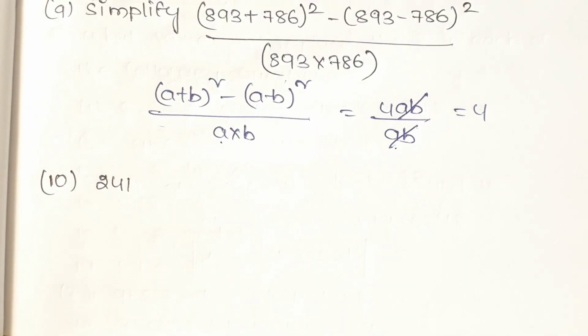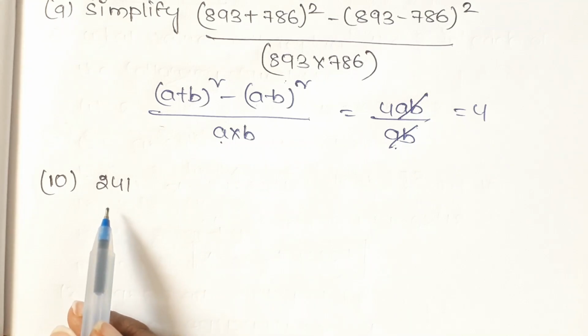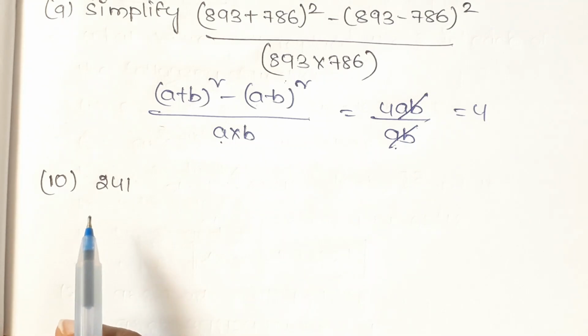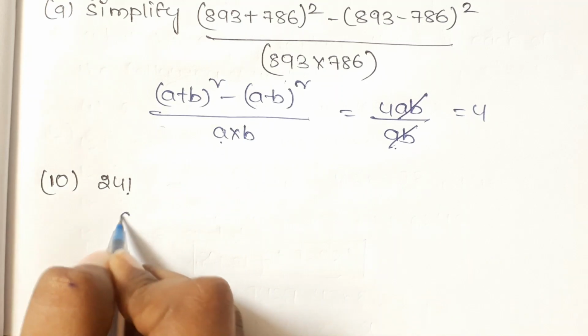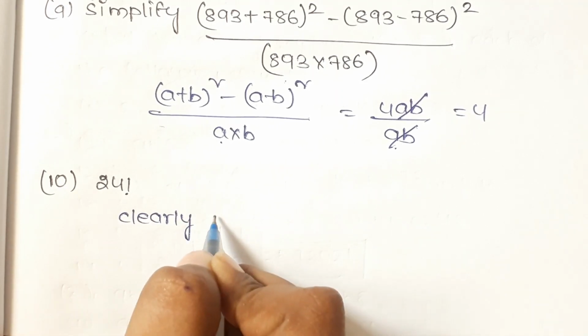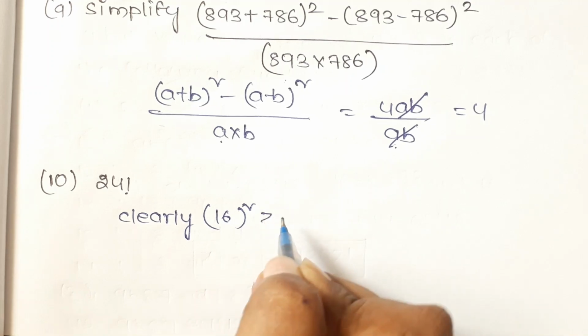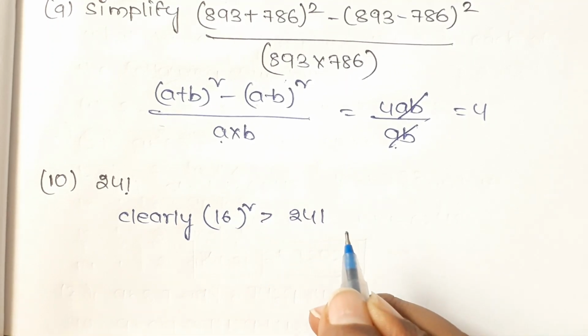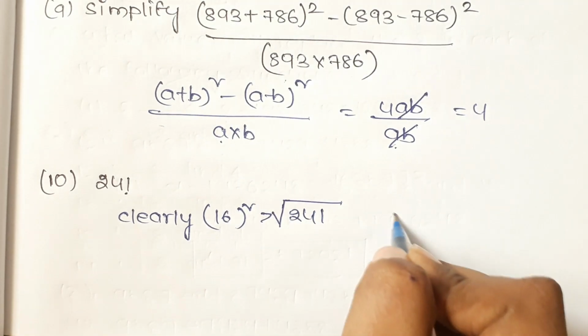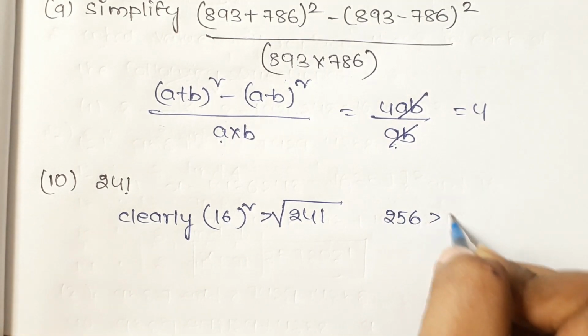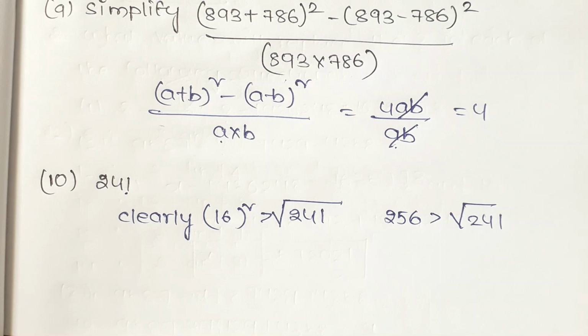And now let us see another model, that is here given one of the number, that is 241, and now we should check whether the given number is a prime number or not. Here we have 241 and clearly we know that here 16 square is greater than 241 and 16 square is nothing but 256 is greater than square root of 241. As we already seen the logic behind how to check the given number is a prime or not in the previous introduction.